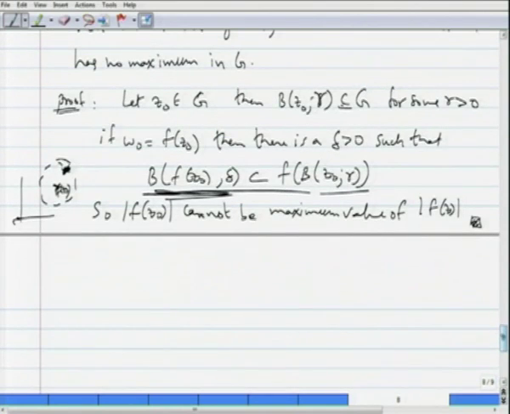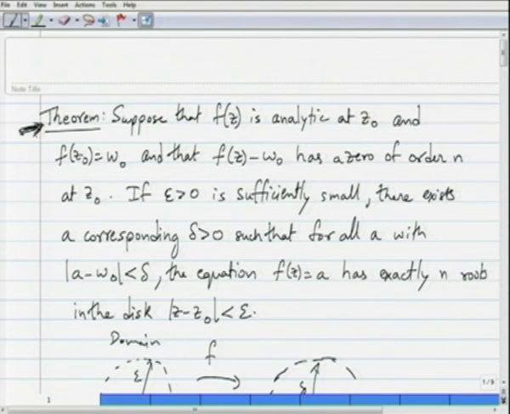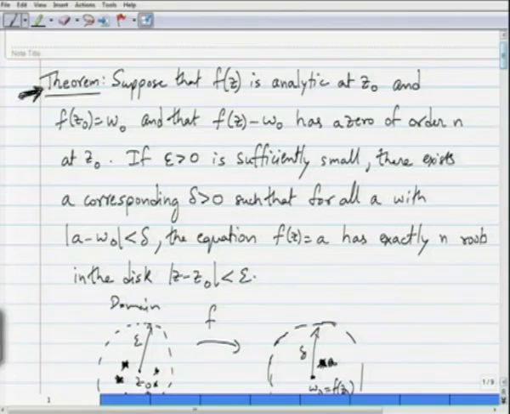Notice that I am calling all these consequences of the open mapping theorem, but I am resorting to this theorem. Well, actually the hard work of the open mapping theorem is captured in this theorem. So, this is more general, but this theorem is the fundamental idea behind the open mapping theorem.